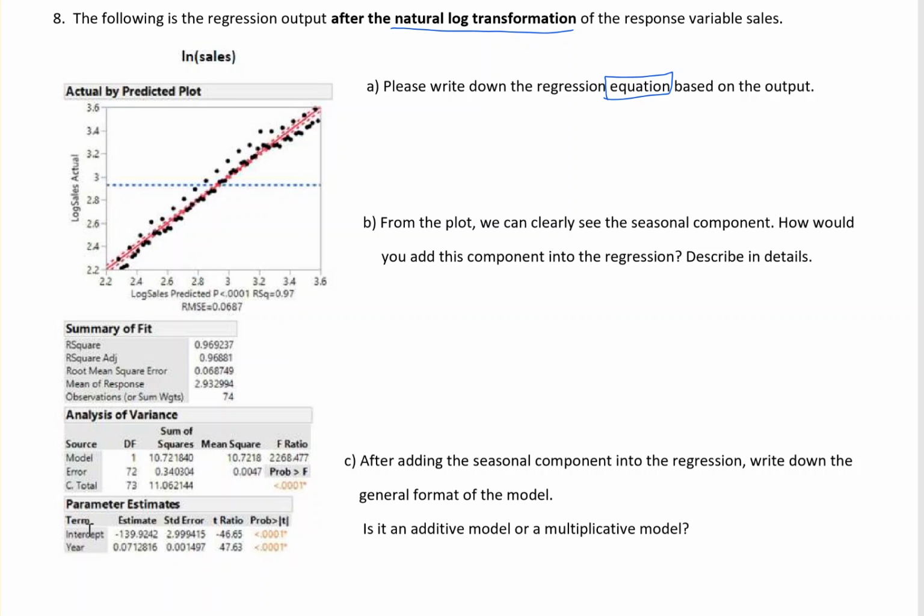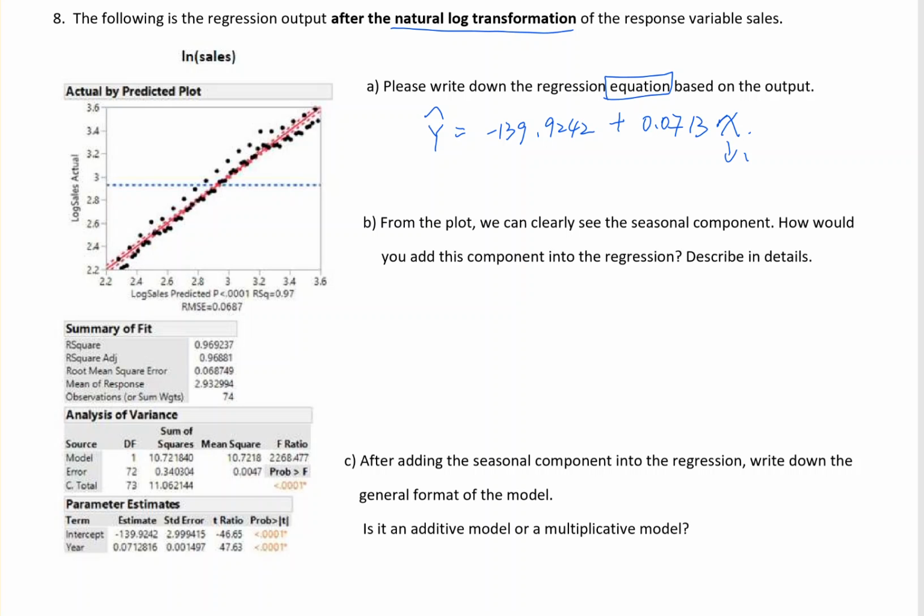So actually, when we write the regression equation, we just say y hat equals, this is b0, this is b1, right? So it will be negative 139.9242 plus 0.0713 times x, right?